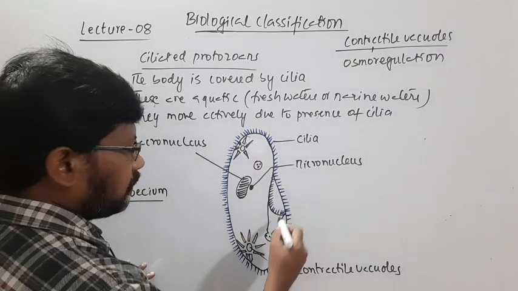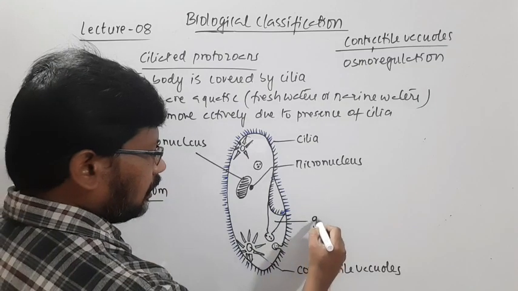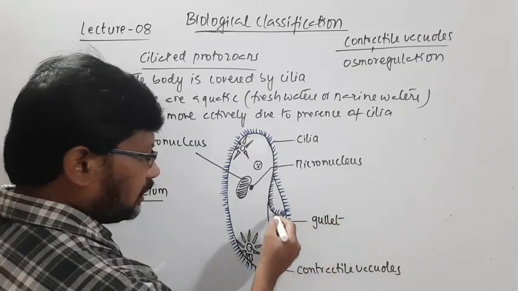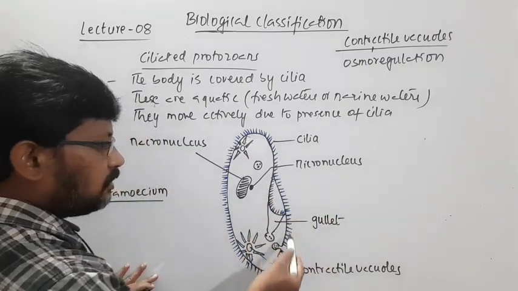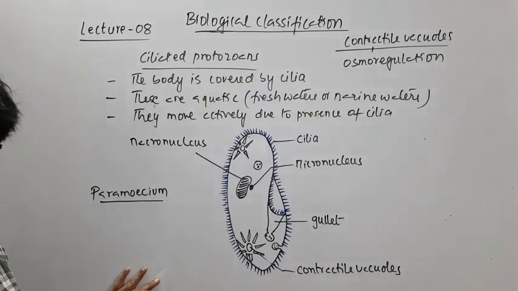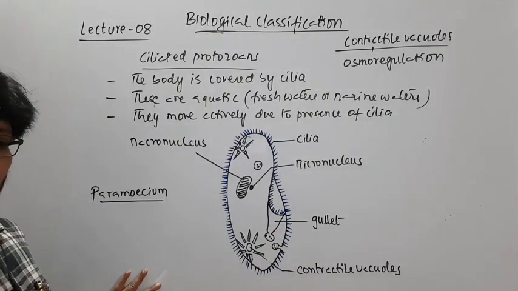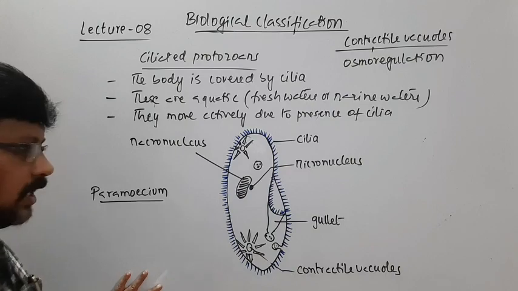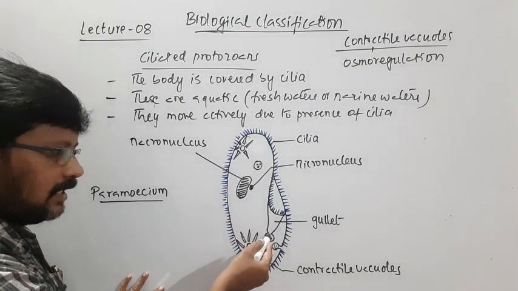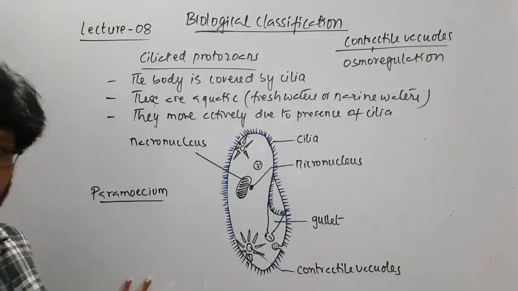And here we have the gullet. The movement of cilia helps in guiding the water that is laden with food into the gullet, and then it results in the formation of a food vacuole.